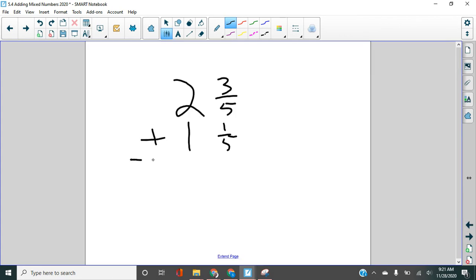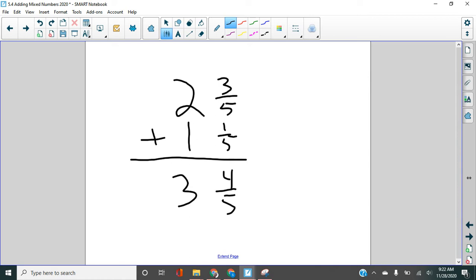And I want you, when you add these, to add the fractions first, just like you would start over here on the right when you were adding a regular whole number. I want you to add the fractions first, right? F for fraction, F for first. So we're going to start here and we're going to add 3/5 plus 1/5 equals 4/5. And then do the whole numbers. 1 plus 2 equals 3.